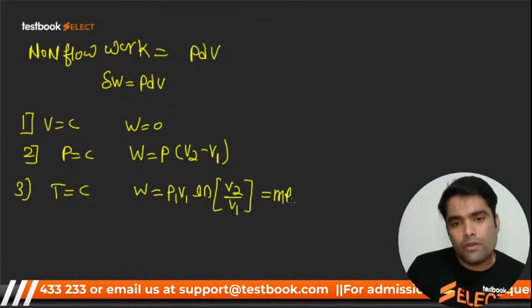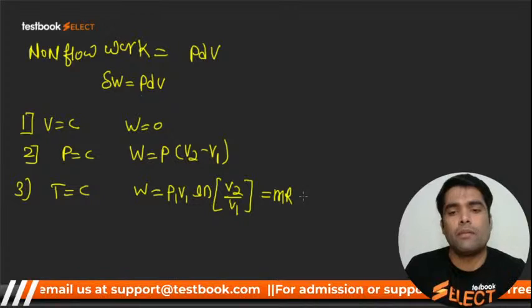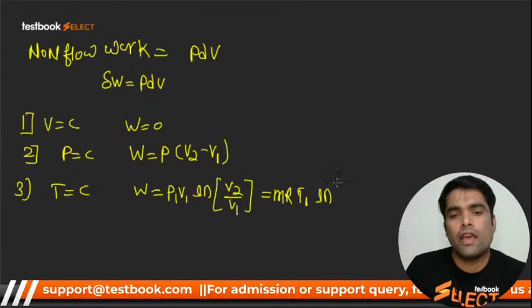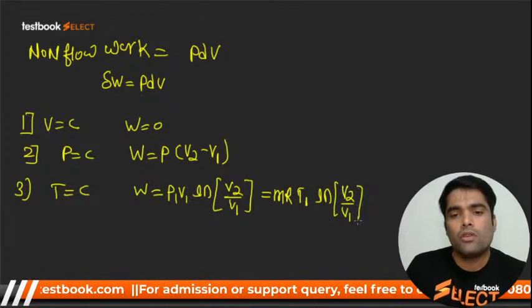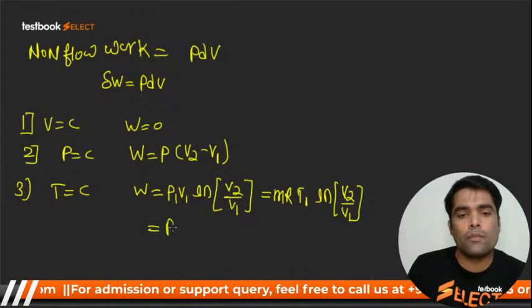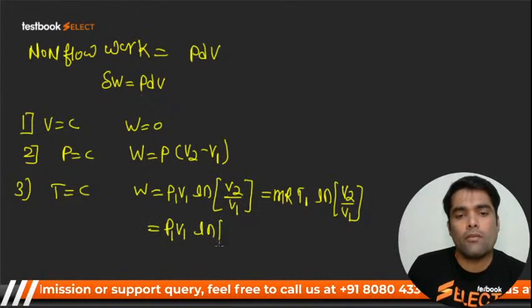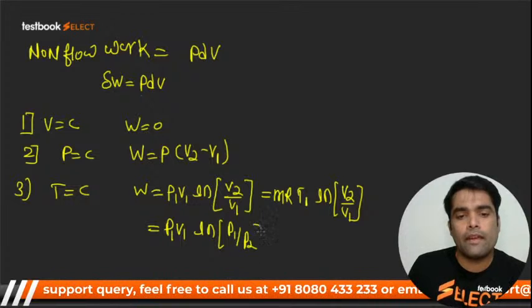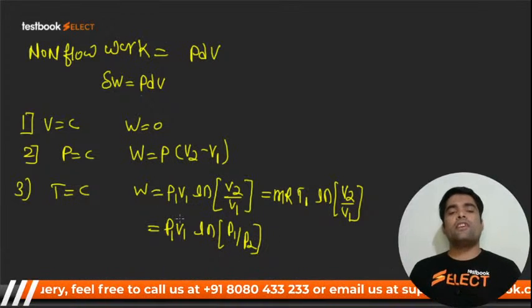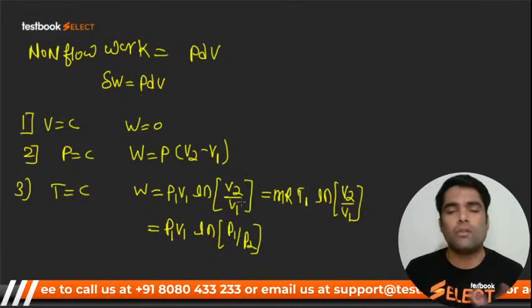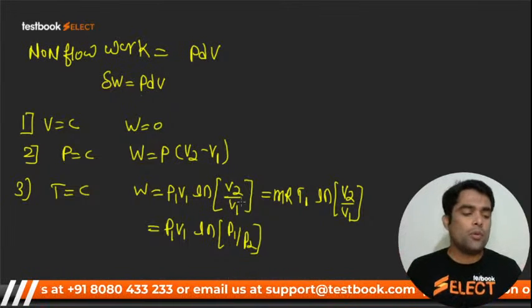Or you can replace it by mRT1 ln of V2 by V1. You can also write it as P1 V1 ln of P1 by P2. It is also correct. You can just change the values and get different forms. I hope you got it.